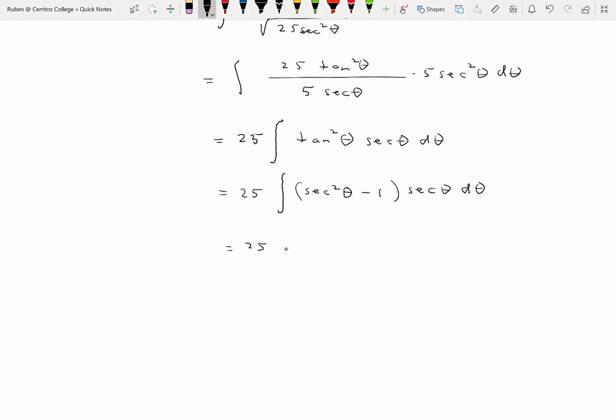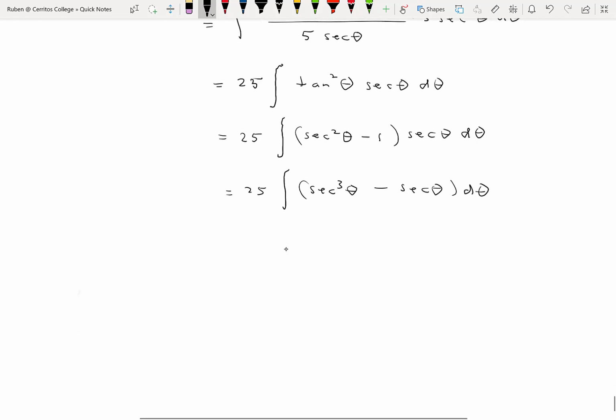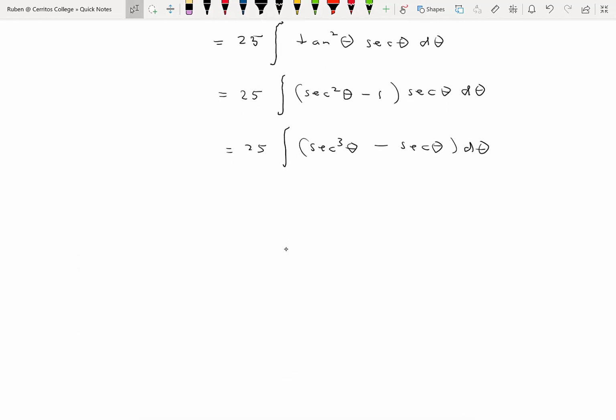And that leaves us with 25 times the integral of secant cubed minus secant. And these are significant integrals, not trivial integrals. But we did the work for secant cubed, and we memorized the integral of secant. So I'm going to borrow our antiderivatives from Calc 1, from 7.2.